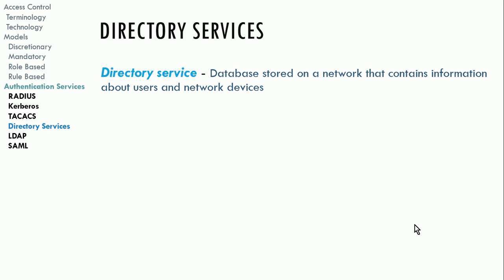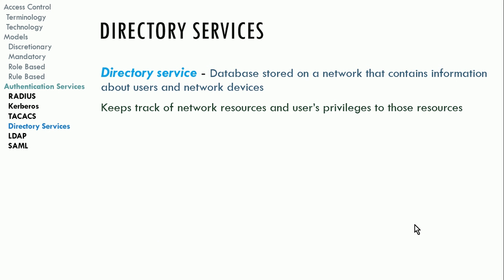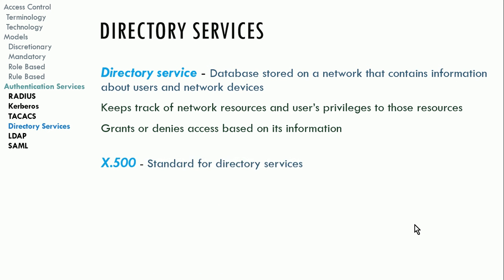Directory services, I've used the term a number of times, but in reference to Microsoft's Active Directory, which, if you're familiar with a domain controller, they call that a directory service. Basically, all a directory service means is it's a database stored on a network that contains the information about users and network devices, or all of the objects, right? So it's a database of all the objects and all of the subjects. It keeps track of all of those resources and what the privileges are for them, and it can grant or deny access based on that database.